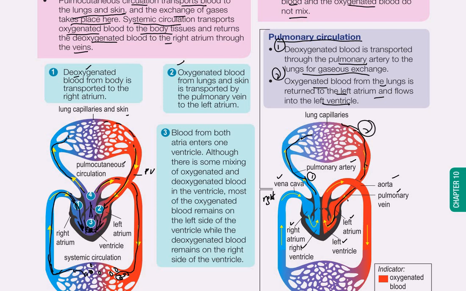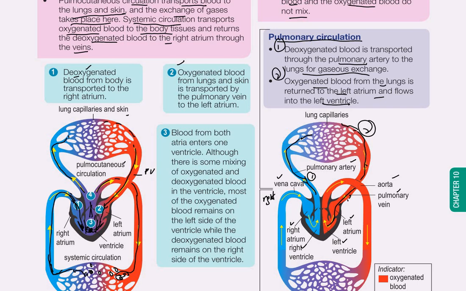Number 1, the blood will flow through the pulmonary artery to the lung capillaries for the gases exchange, and then after the blood gets oxygen and becomes oxygenated blood, the blood will flow to the left atrium through the pulmonary vein.